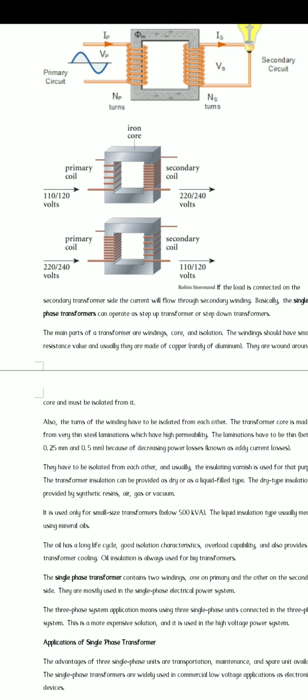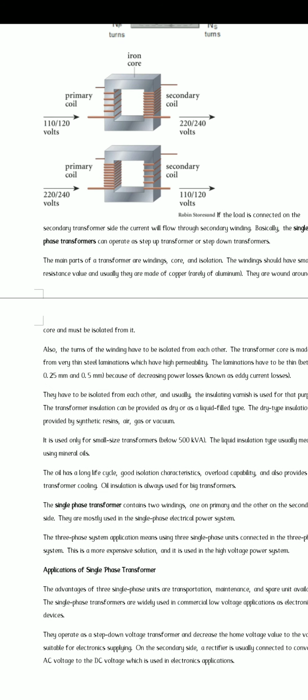For a step down transformer, how to identify it: the primary winding is greater than the secondary winding. When the secondary winding is lesser than the primary winding, these transformers are called step down transformers. The figure shows 220 or 240 volts on the primary and 110 or 120 on the secondary. So transformers are classified like this.